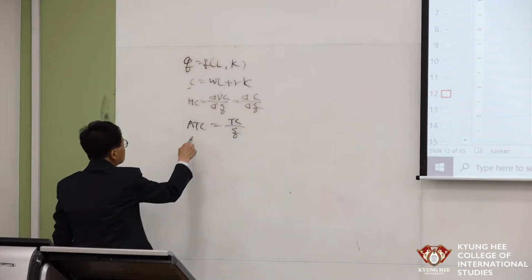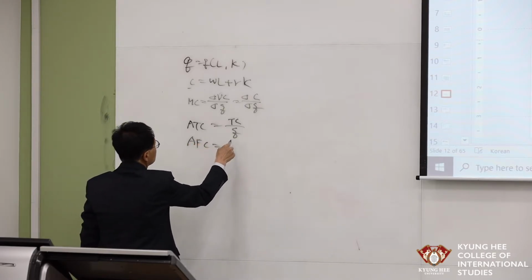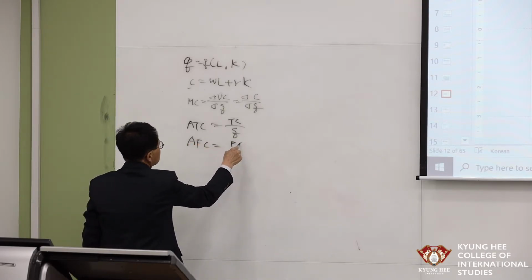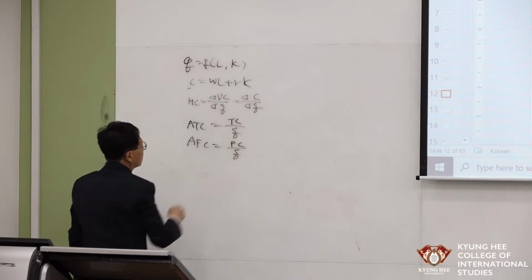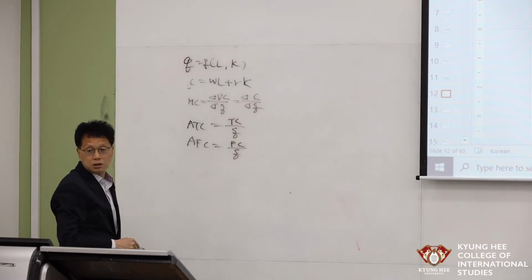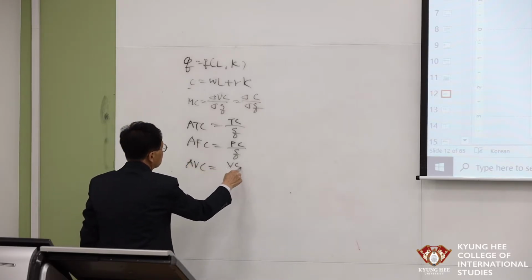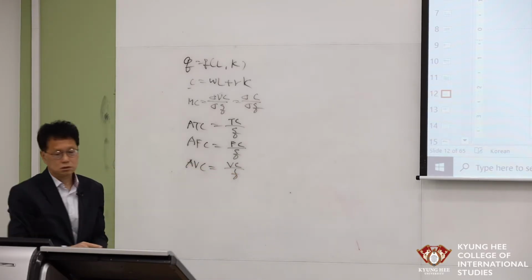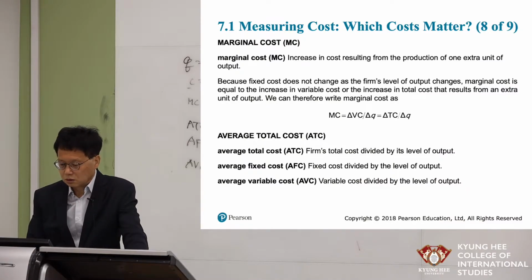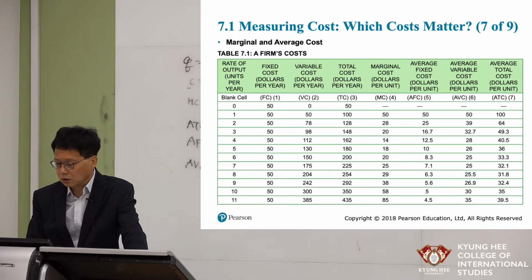Average total cost is total cost divided by Q, right? Average fixed cost is equal to total fixed cost divided by Q, right? And average variable cost is equal to variable cost divided by Q, right? So from the earlier graph, for example, average fixed cost: when you produce 1 unit, fixed cost is 50, so 50 divided by 1, so 50, right?